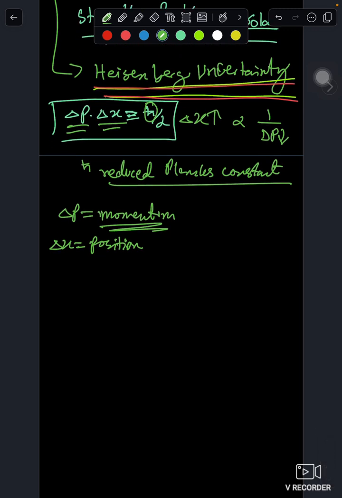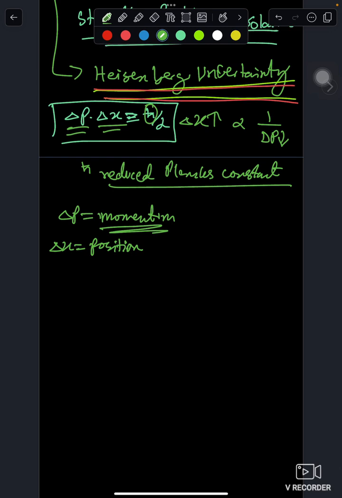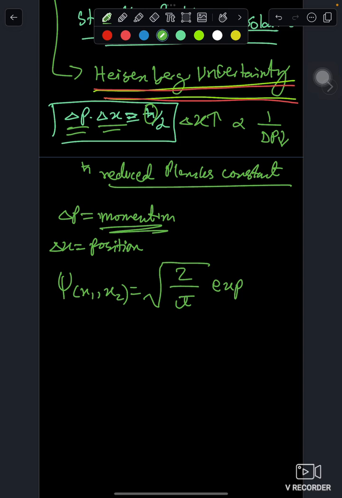I would write it in quantum states. I mean, psi of x1 and x2 equals square root of 2 over pi, exp, which means exponential, of minus e to the power 2r, minus 2r, of x, and let me just write it on the other page down there.